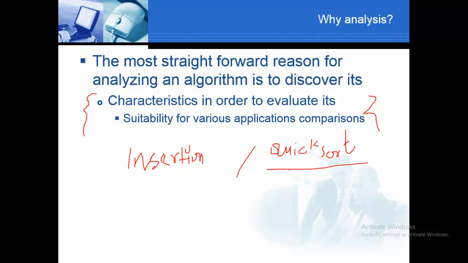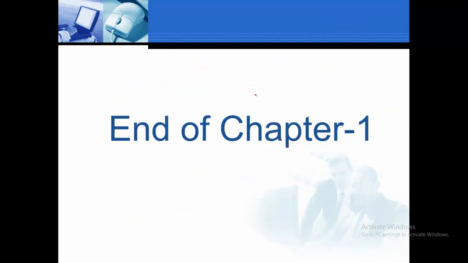So we compare both algorithms. That's why we do some analysis, so we can find that this algorithm is best and this is not best, not efficient. So how we will say this after analysis, right? How we analyze an algorithm, in the next chapter you will see that.